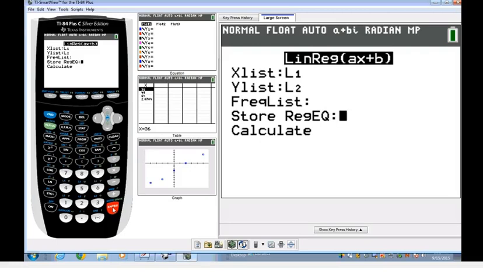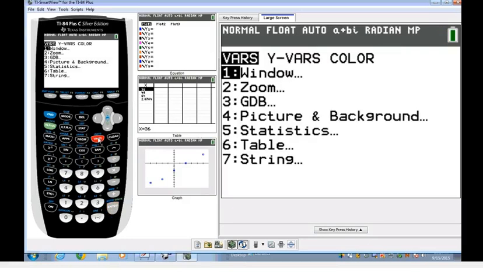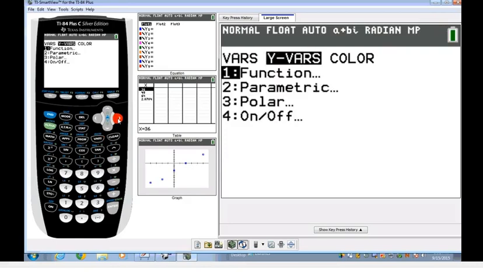All right, if I want to store the line I'm getting, now I could just write it on a piece of paper, but why would I do that? Let's try to take advantage of the calculator. If I want it to store what it finds, then I'm going to have to tell it where to do that. And that is vars, that's variance, vars. I don't want x values, I want y values.